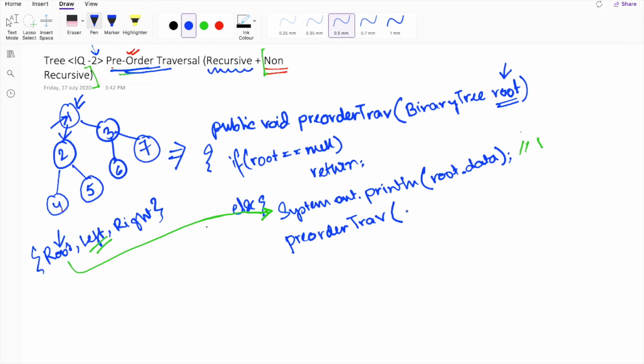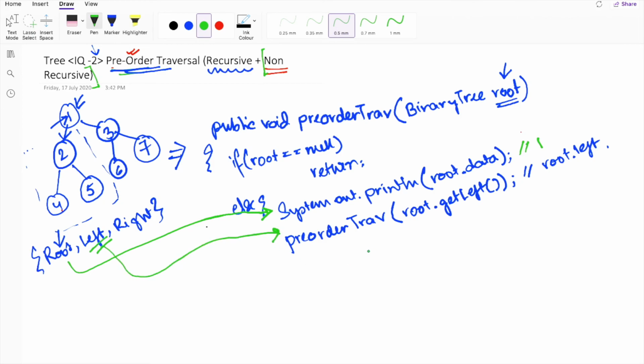So here we will just pass root dot left, which means it will give the entire left hand side subtree of the root element. So we are done with the second step of this algorithm, that is traversing the left hand side subtree.